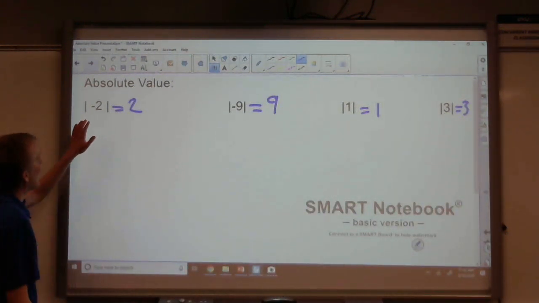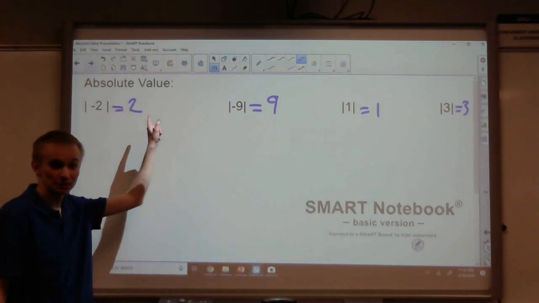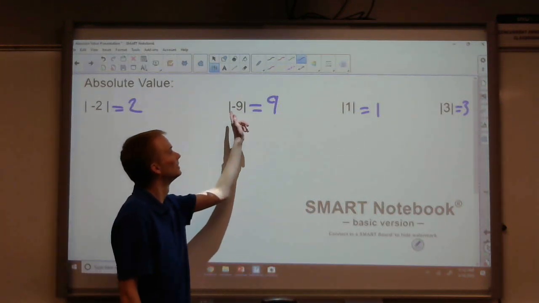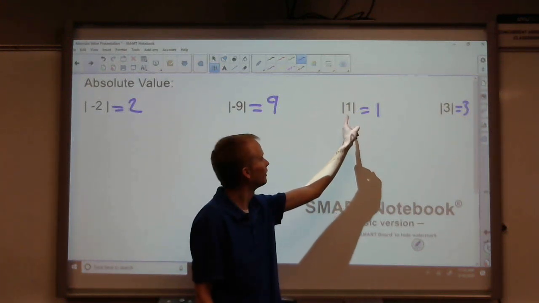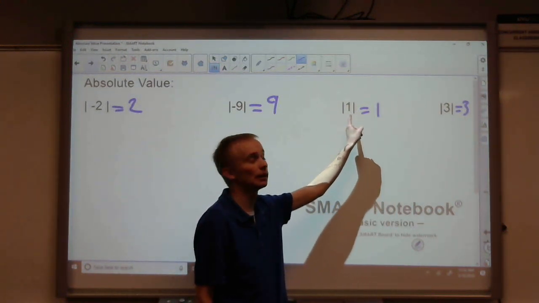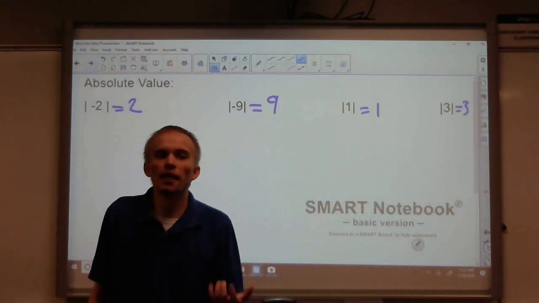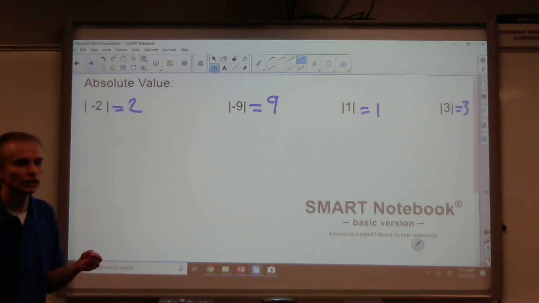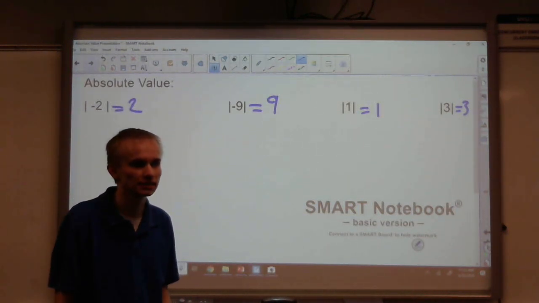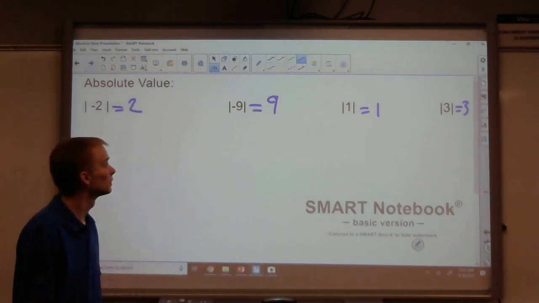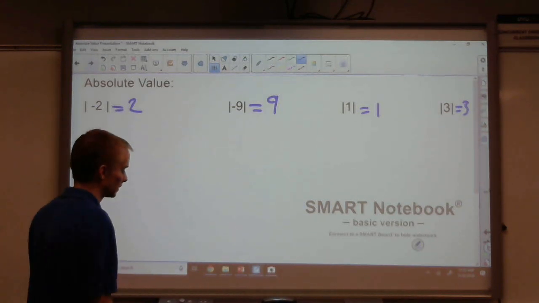So whenever you have a negative inside of the bars, it flips it to be a positive, right? The absolute value of -9 is +9. But when you have a positive inside of those bars, it just leaves it the same, okay? The idea of this function is it just makes everything positive. It doesn't like negatives, it wants them to be positive, okay? So that's what we're doing here. We're just flipping negatives to be positives with our absolute value, okay?